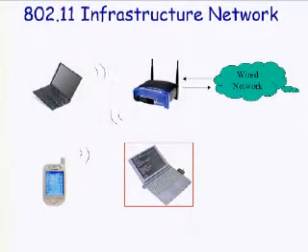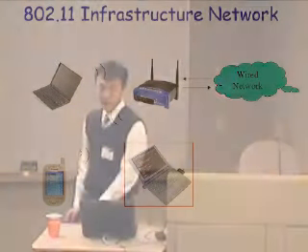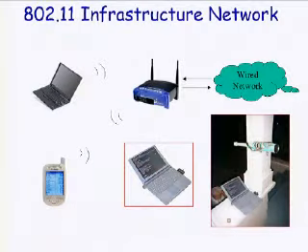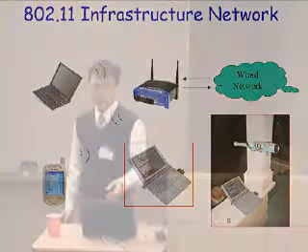Here is an example to show the 802.11 infrastructure network. Generally, there will be an access point connected to the wired network or internet. There will be some wireless devices like laptops and PDAs connecting to the access point. But the problem is, since the wireless radio is open to the public, anybody with moderate equipment can listen to this traffic and interfere with the traffic.